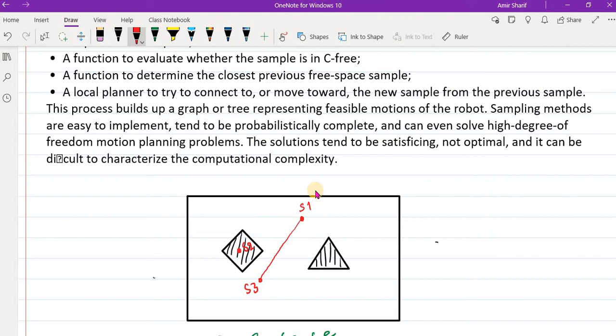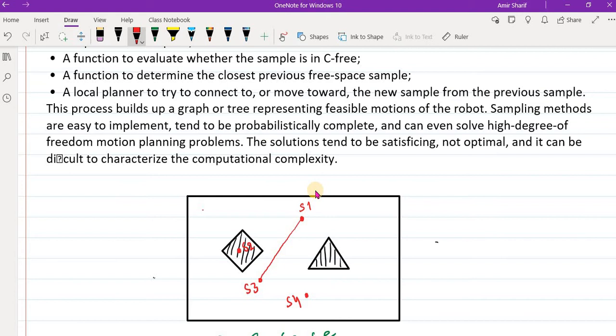So this edge that connects these two samples, is it in collision with an obstacle or not? That's what we are looking for. And by taking random samples, let's say we take one more sample as 4.